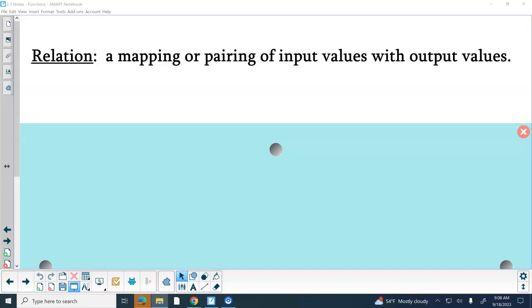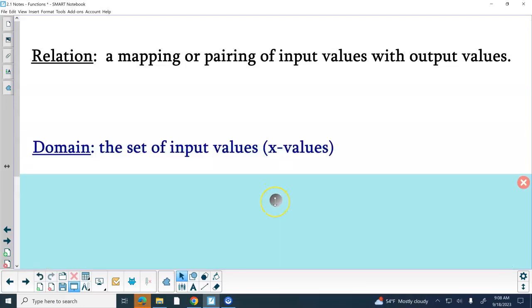There are 2 parts that you're going to probably have an audible groan about pretty soon, or maybe just an internal groan. But there are 2 parts to a relation. There is the domain of a relation. That's your inputs. Right? The domain is your inputs.